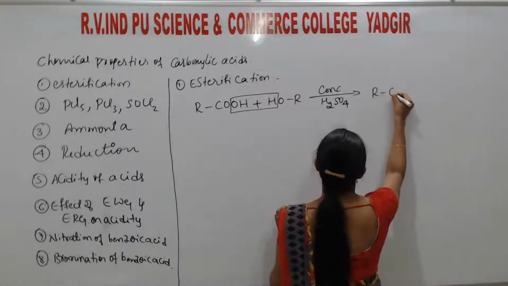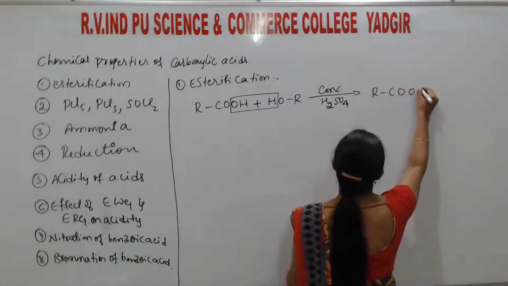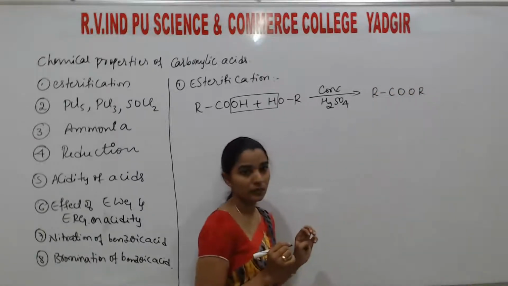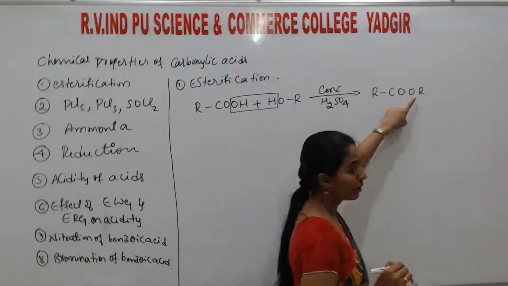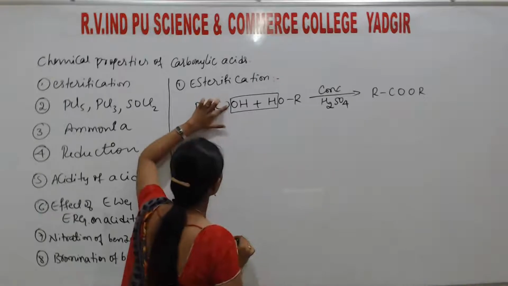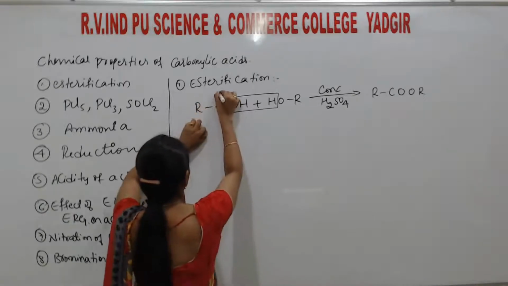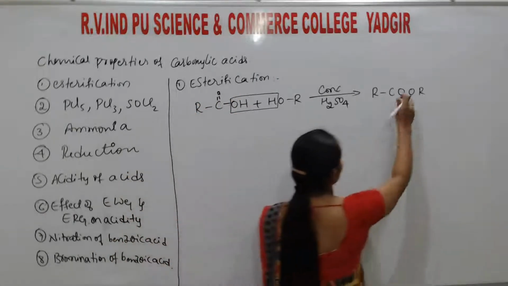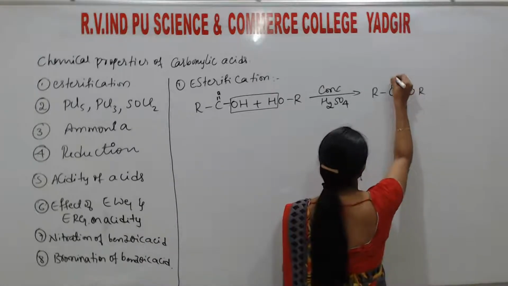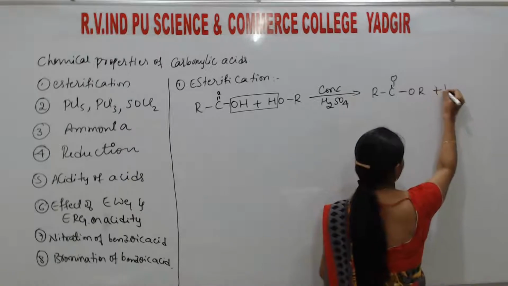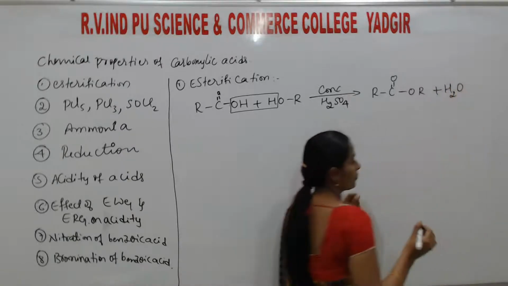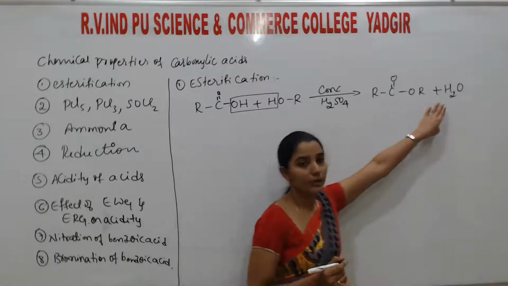So then what happens? R C O R, or if you want to write it in this form, RCOOR with the double bond O here. This is an ester, plus H2O. So from the reactants, the water molecule is removed.